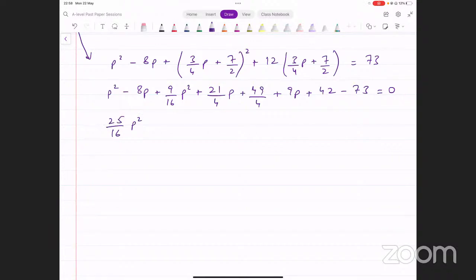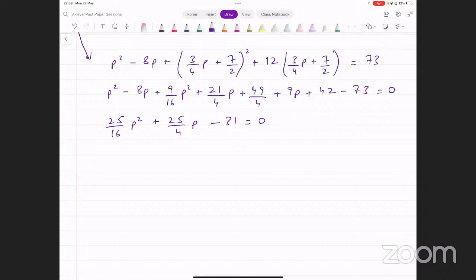Put the p terms in the calculator: minus 8 plus 21 over 4 plus 9, and that's giving me 25 over 4. So we have 25 over 4 times p. Then the constant terms: 42 minus 73, and that's minus 31. Now we can get rid of the fraction by multiplying the whole equation by 16.